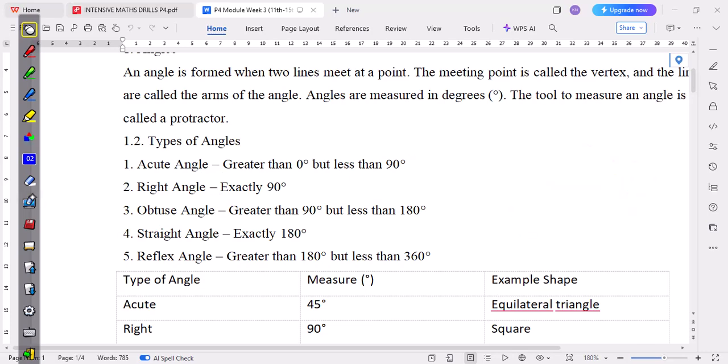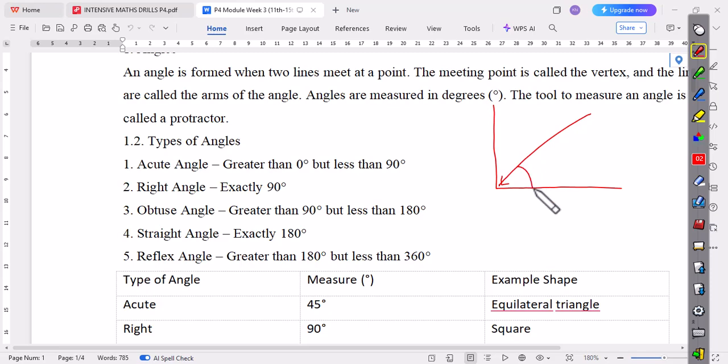So for example, if we draw 90 degrees, so this one is 90. Acute angle must be smaller than 90. It can be like this. So this is the acute angle.